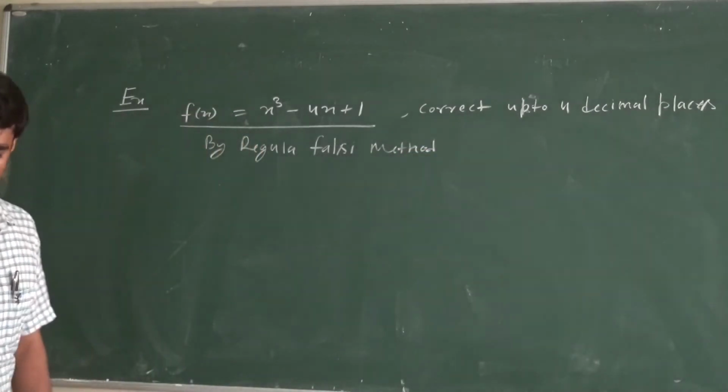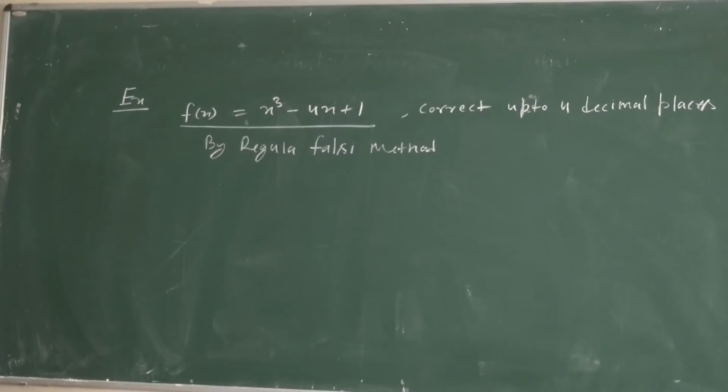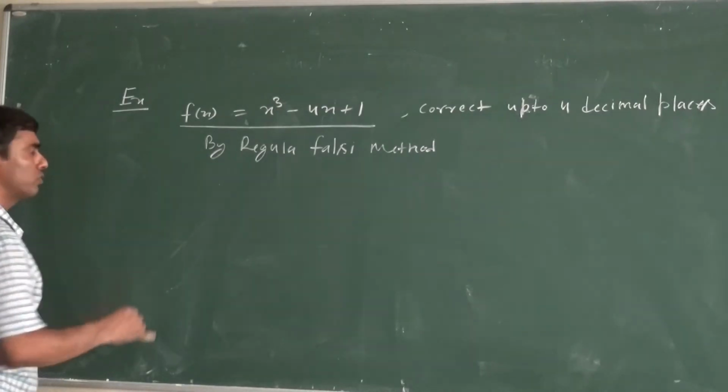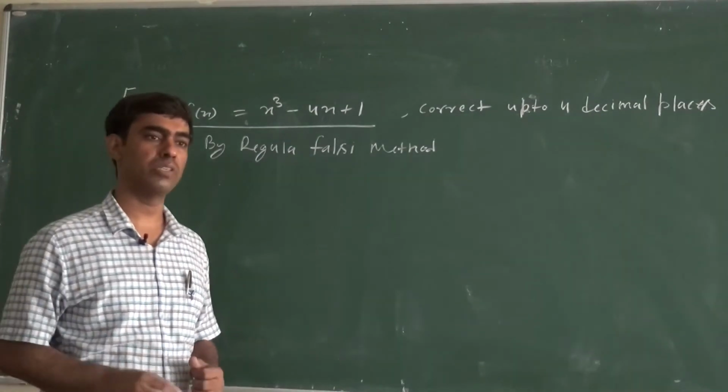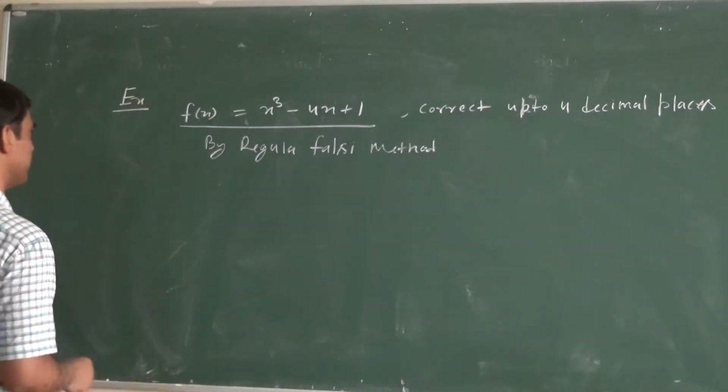As we know, this is also a bracketing method, so first we try to find a point where the value of the function is positive, and another point where the value of the function is negative.